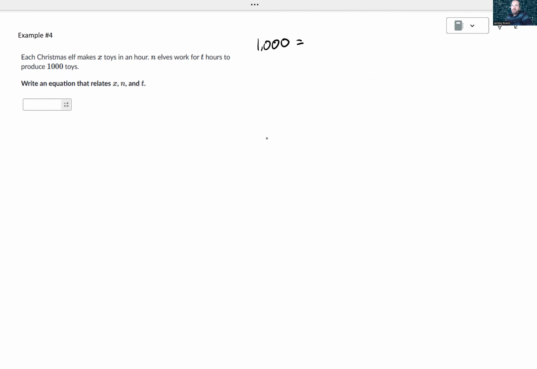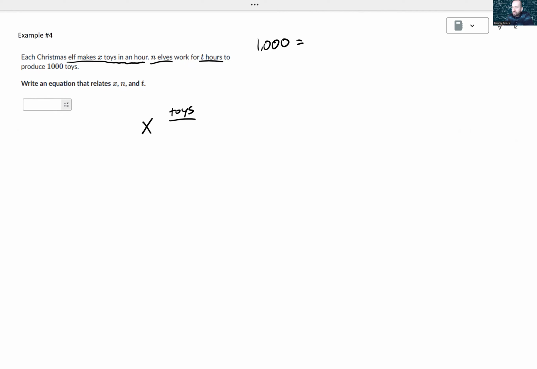So the first part is defining what these variables are. We have t hours, we have n elves. Those are fine, but the part that I think is tough is it says each elf makes X toys in an hour. So when we're defining X, we can say X toys.